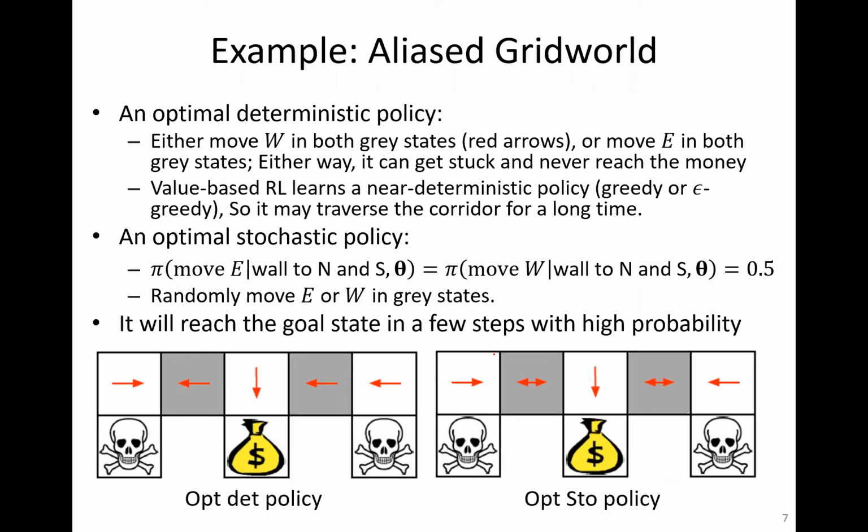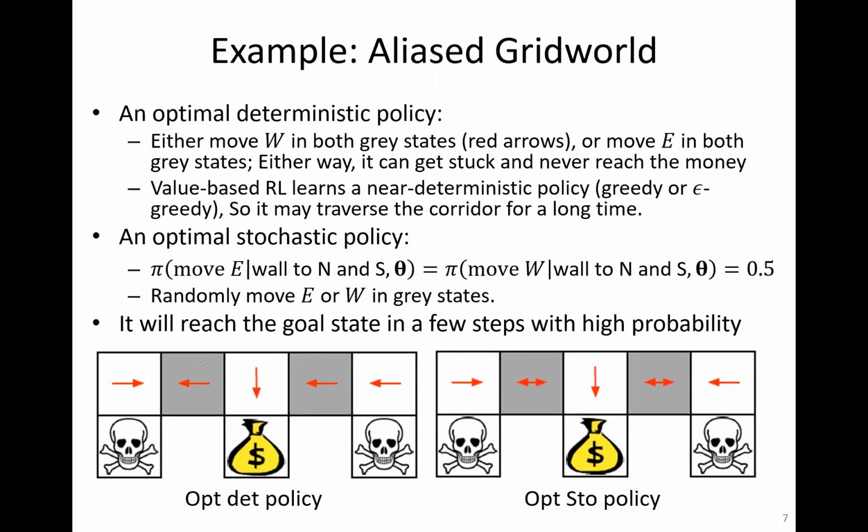For a deterministic policy, because you cannot distinguish between these two gray states, they must have the same action. So either move to the west or move to the east in both gray states. Either way, it can get stuck and never reach the money.